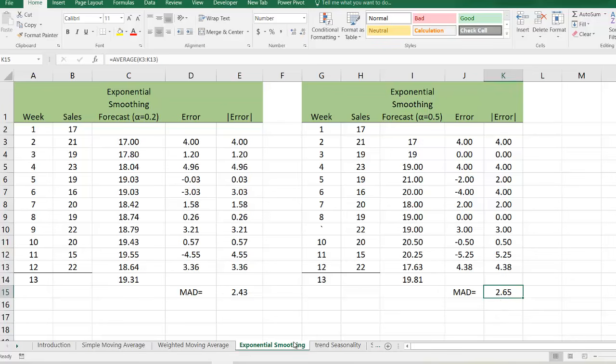So for this case, we can say that the forecast with alpha equal to 0.2 is a better forecasting technique for this set of data, since it has a lower mean absolute deviation.